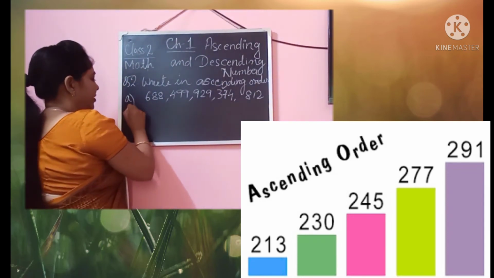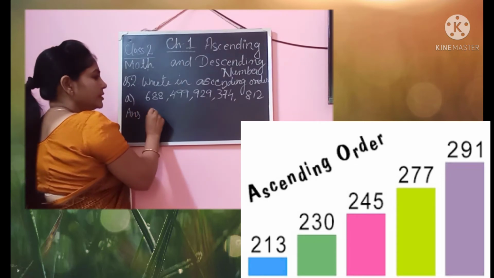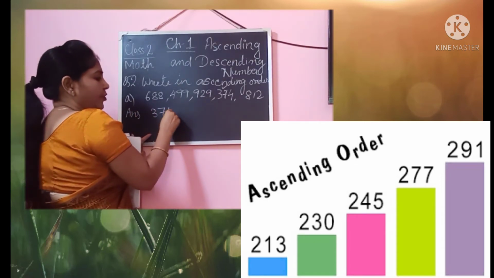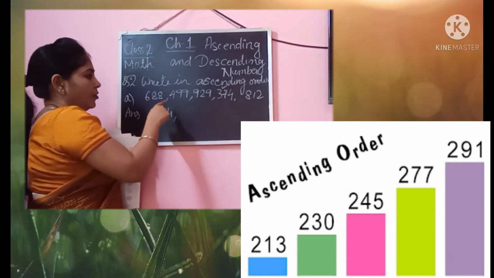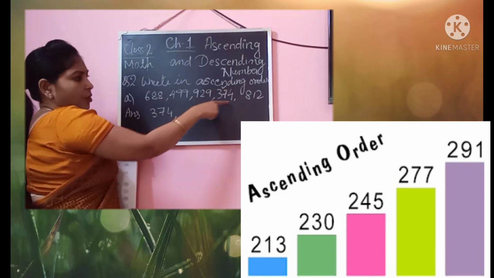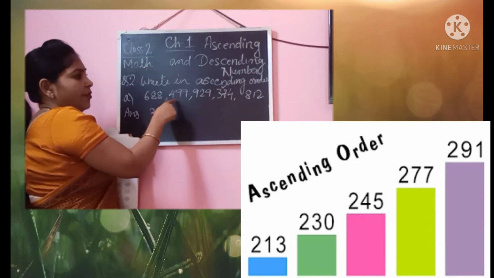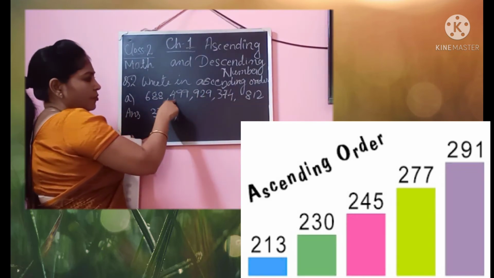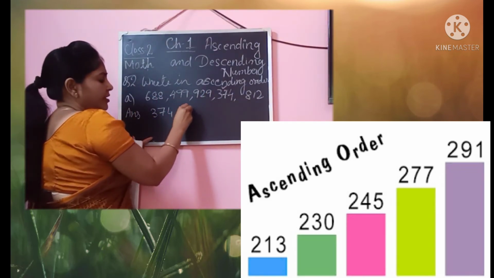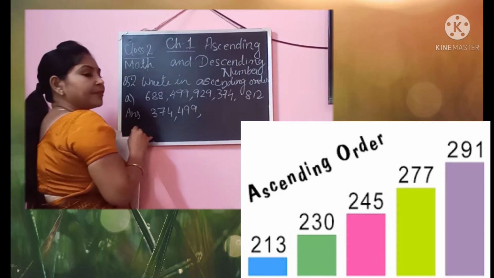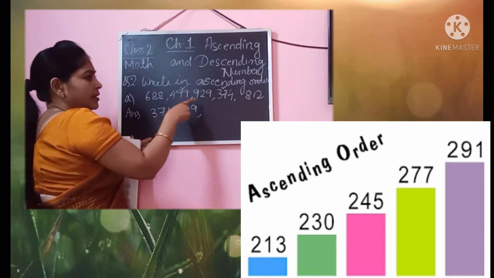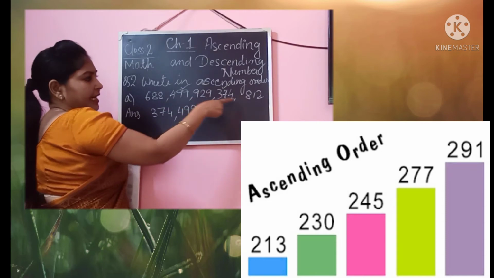So first we will write 374. This is done. Now among the rest, we find the smallest: 6, 4, 9, 8. So 4 is the smallest. We will write 499. This is also done. Now we have 6, 9, 8.